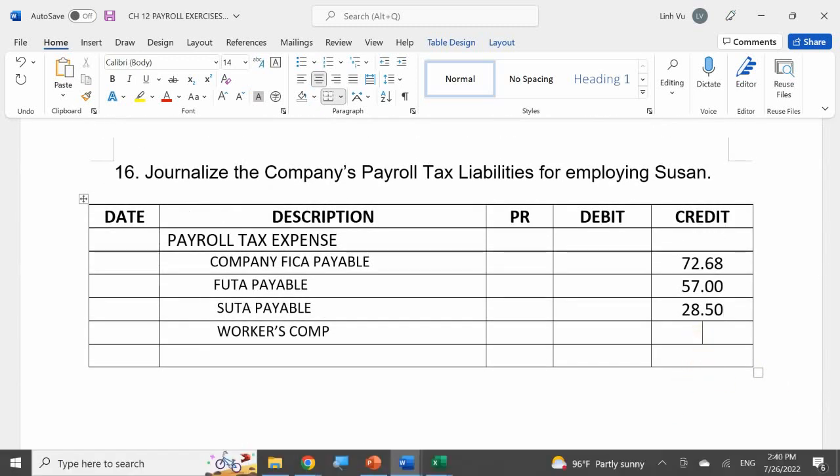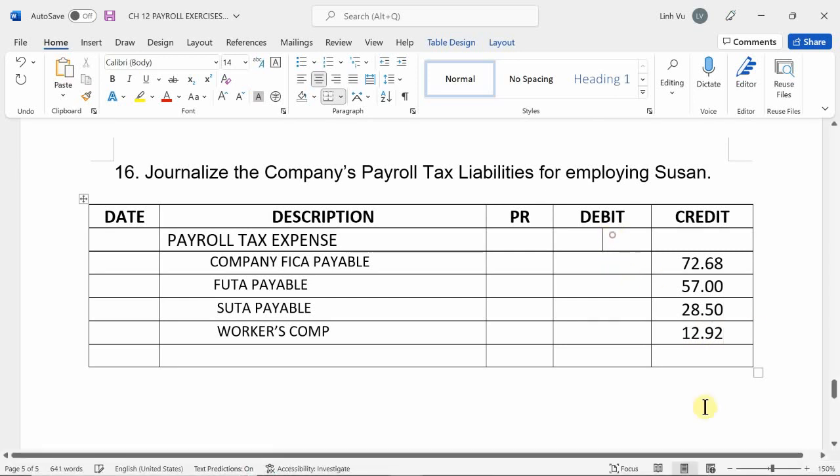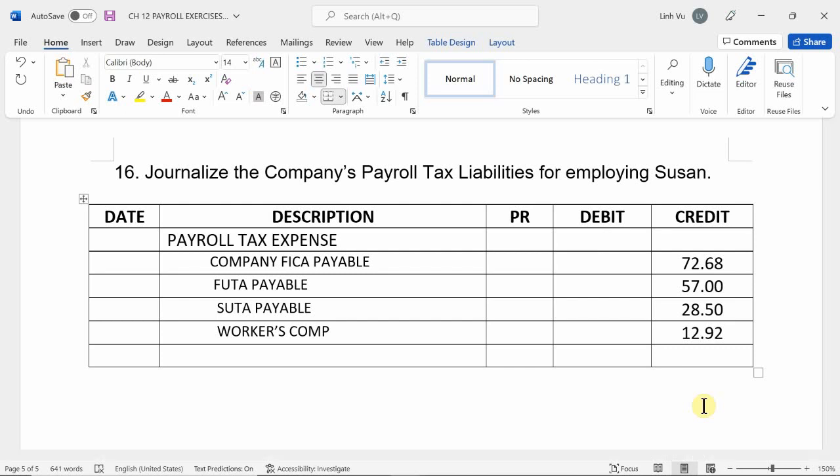So how much grand total payroll tax liabilities does the company have to pay for having Susan as an employee? The total came out to be $171.10. Awesome.